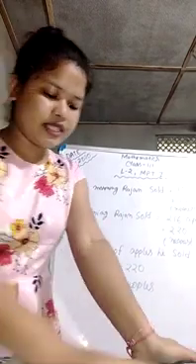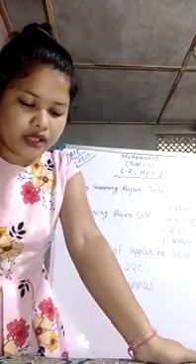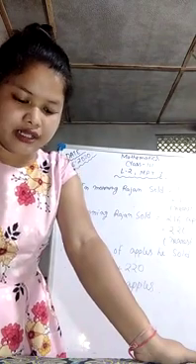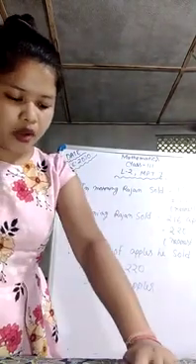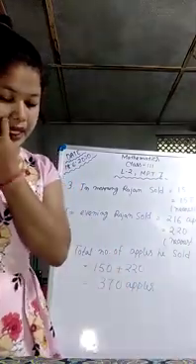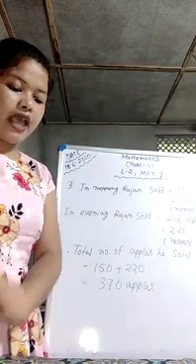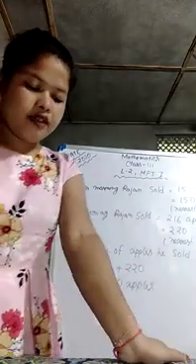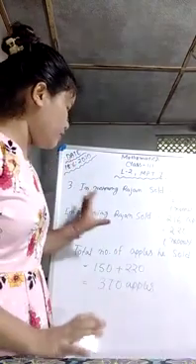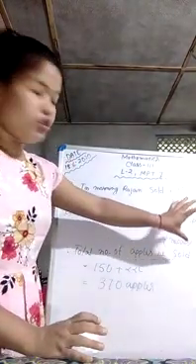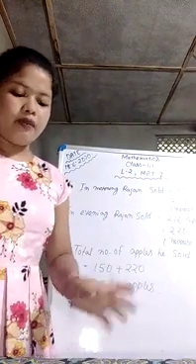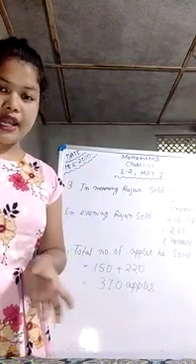Then question number 4 is, in a school there are 1319 boys and 1283 girls. Estimate the total number of students in the school by first rounding off the numbers to the nearest 100. It is also same as question number 3. Okay, first you have to round off the number of boys to nearest 100. In question number 3 we are rounding off the numbers to nearest tens, but in question number 4 we have to round off the number of boys to nearest 100.